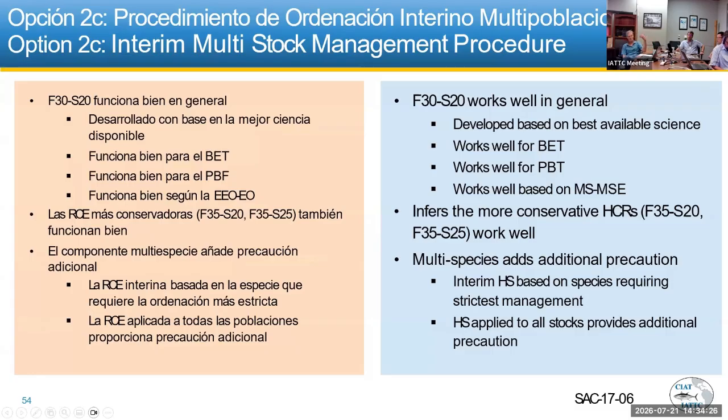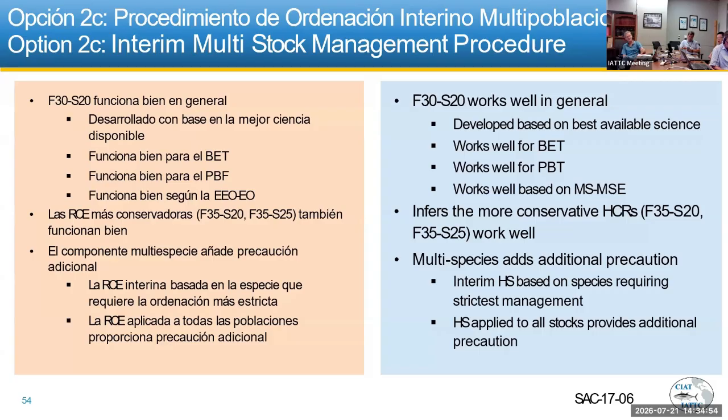Remember, we've only done formal MSE for bigeye tuna, but we have done some interim multi-species MSE in terms of skipjack and yellowfin. But one way to think about this also is if we're looking at this F30 S20 harvest control rule that we're proposing.